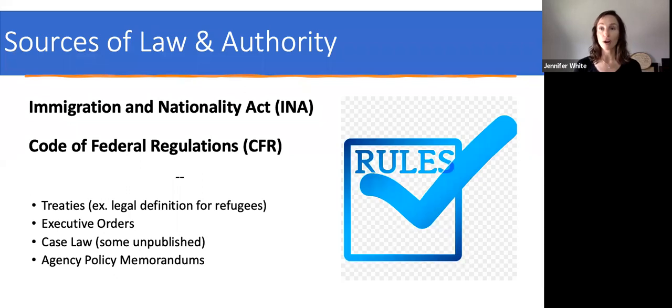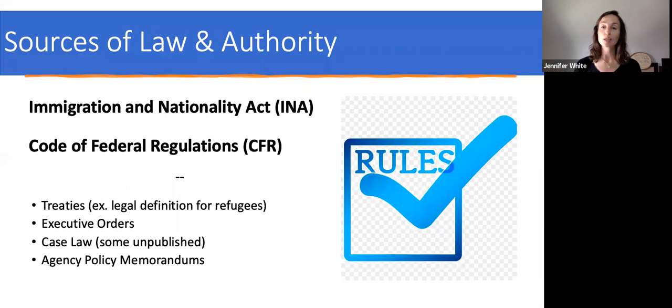We all know that the president has a lot of power over immigration, so the president can write executive orders that can vastly change the immigration landscape, really on a dime. Then we have case law, and there are different forms of case law. We have case law from the judiciary, like circuit courts, for example. And we also have case law that comes from executive agencies, like the Board of Immigration Appeals, for example.